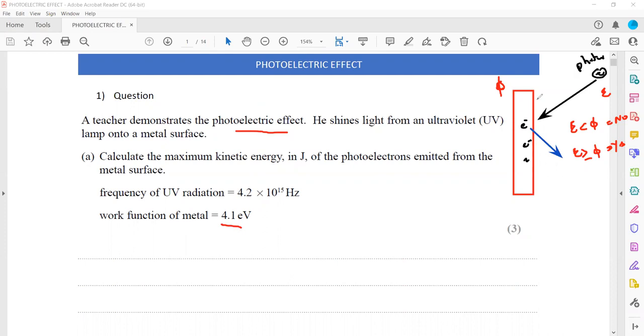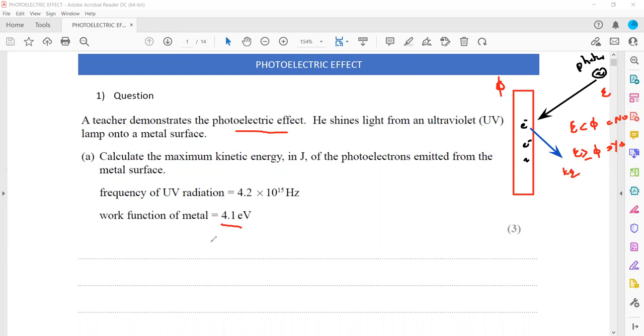So if we want to relate them by an equation, the photon strikes the metal, the electron will absorb it and use some of the energy to come out from the metal surface, and the remaining energy is used as kinetic energy.